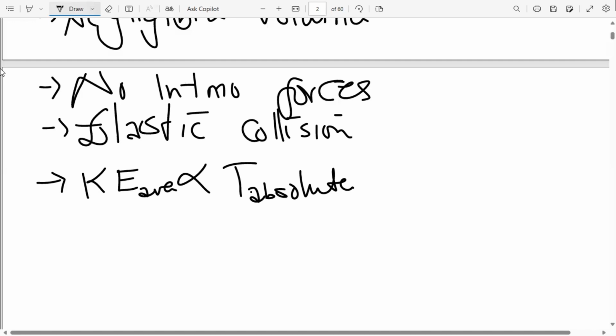So mostly we can just say no gas is truly ideal, but this law or this model works well with gases that are under standard conditions.